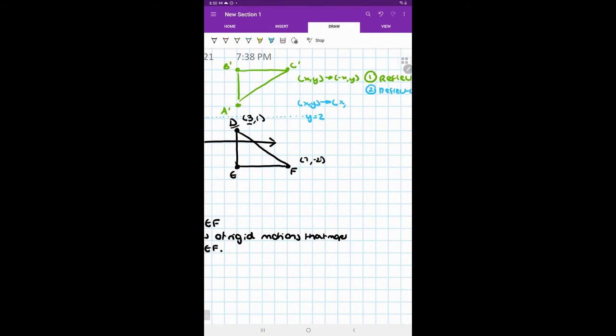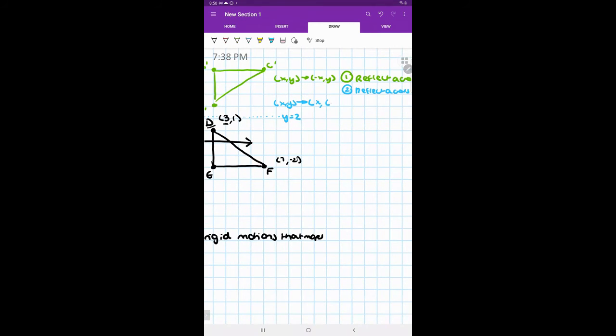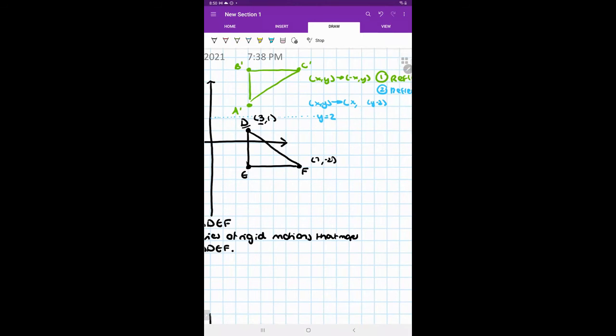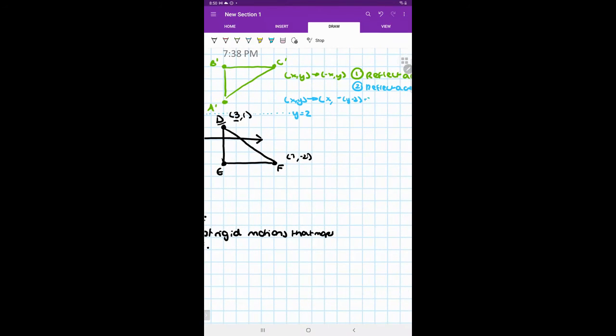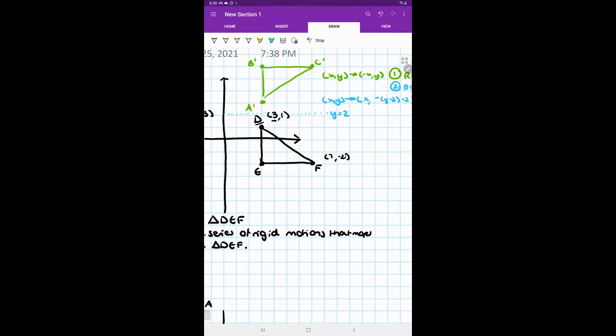For the y coordinates, first I'm going to subtract 2, then I'm going to negate that, and then I'm going to add 2 again. And that should reflect across the line y equals 2.